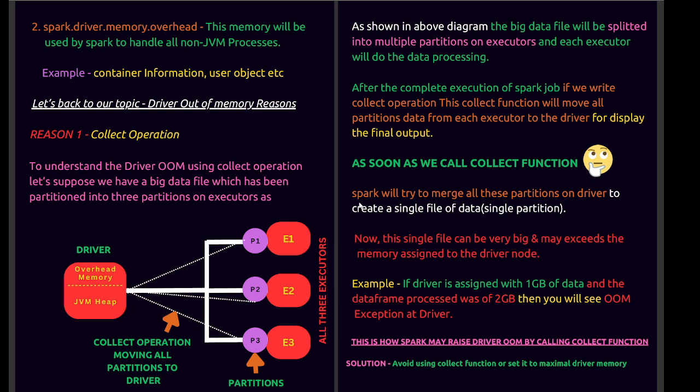As soon as we call the collect operation, Spark will try to merge all partitions on the driver to create a single file of data, a single partition, and this single file can be very big when it comes back to the driver node, and it may exceed the memory assigned to the driver node.